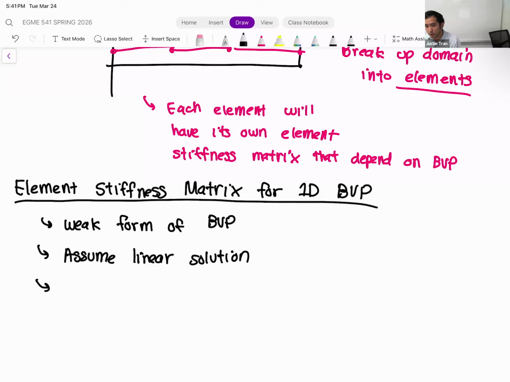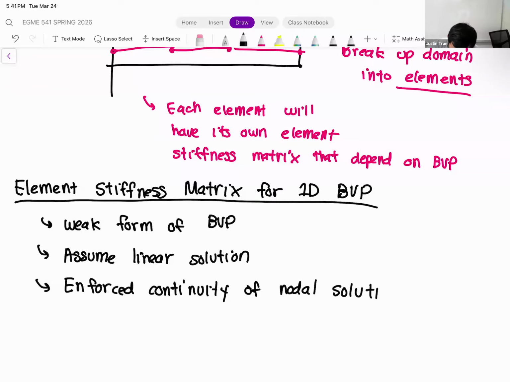Then what we did with that linear solution was enforce some conditions on it to make sure that we have continuity of the solution between different elements. Because what we said is that in order for our solution to be continuous from element to element, they have to have the same matching nodal solution, because the node is shared between two elements.